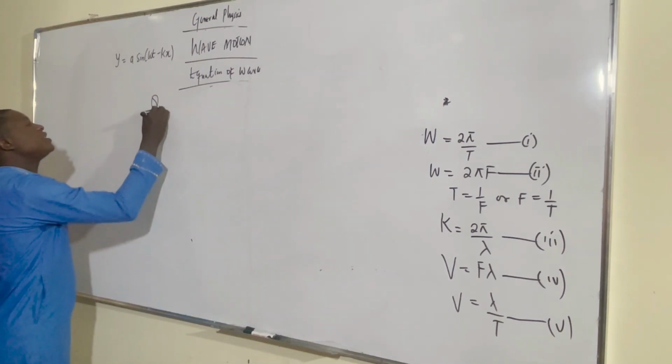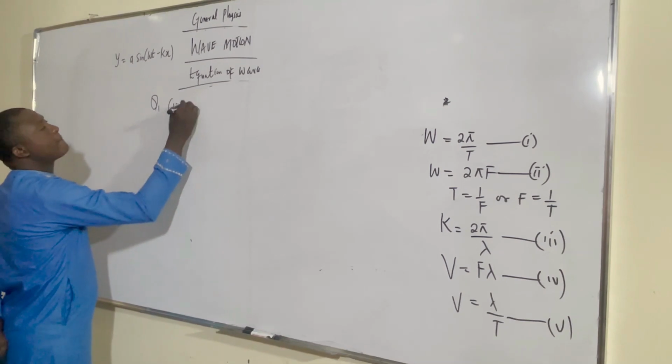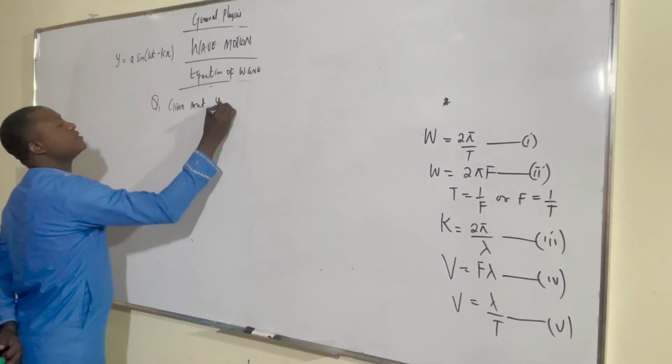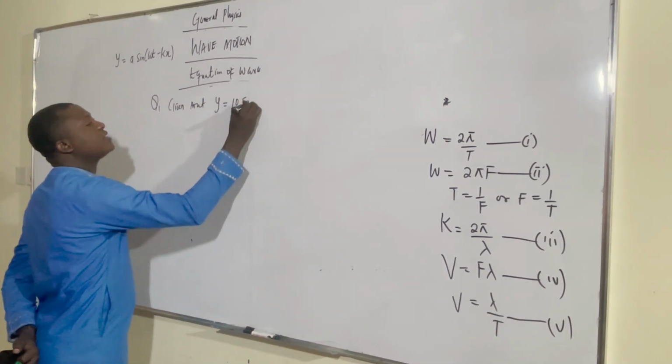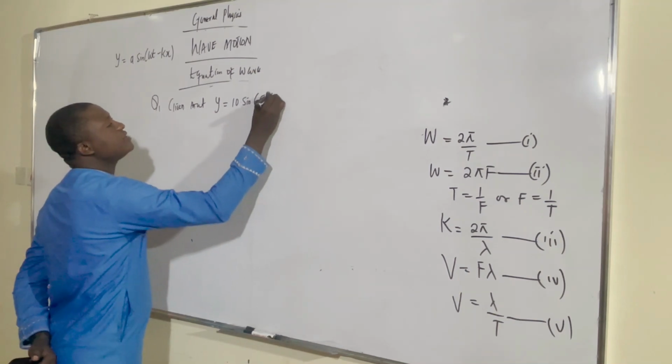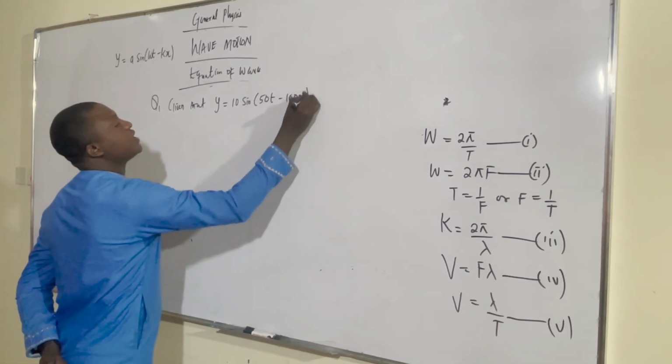Let's see question 1. We say given that the equation of the wave is y is equal to 10 sine open bracket 50t minus 100x.